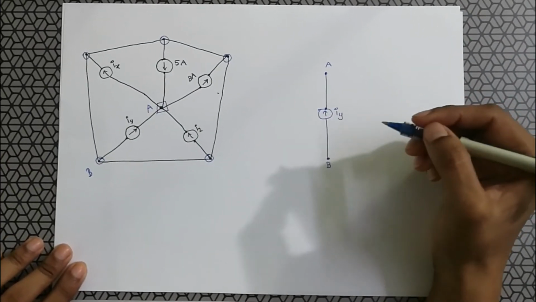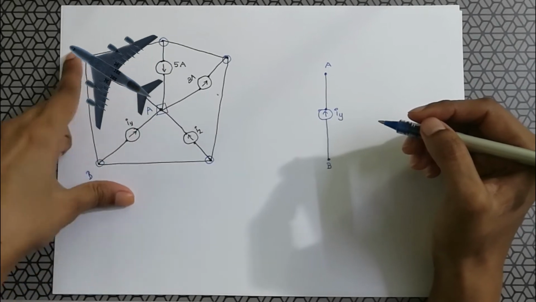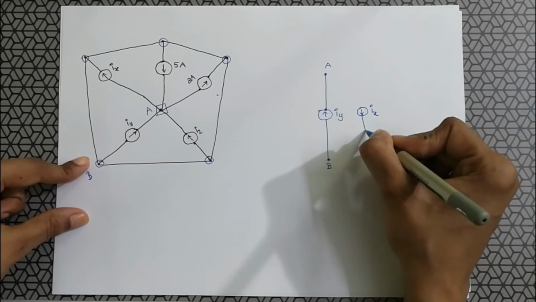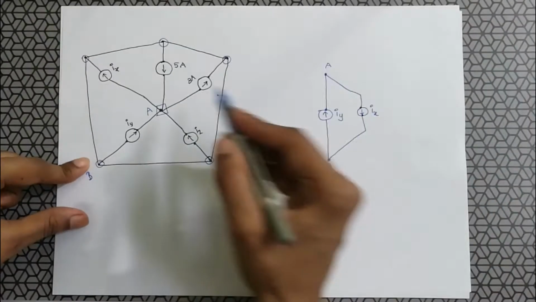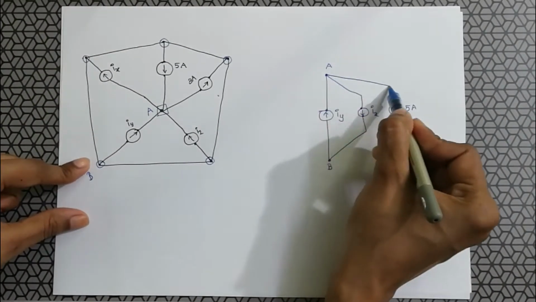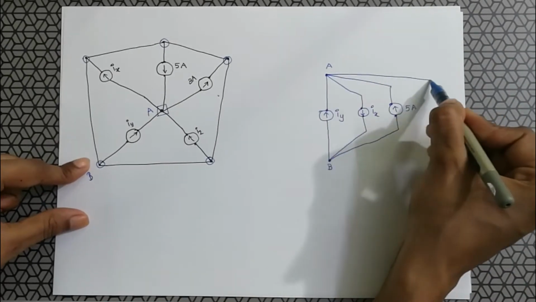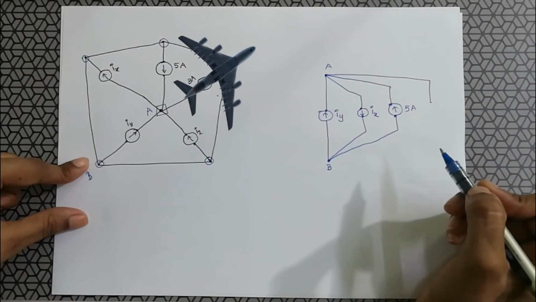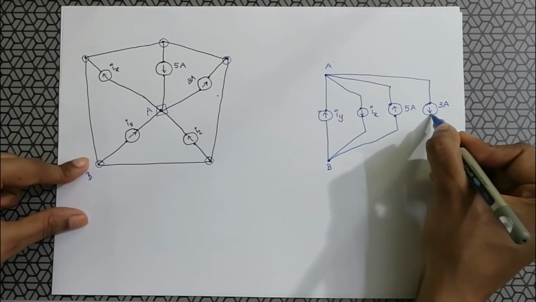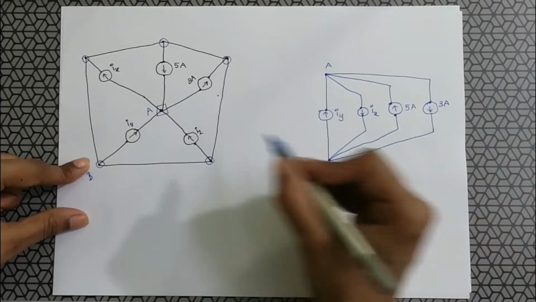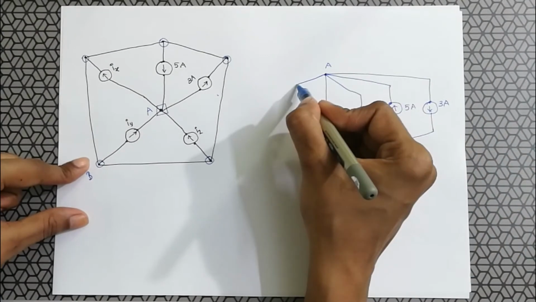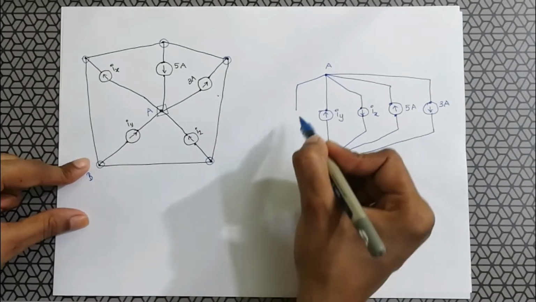Ix travels from A to this node which is the same as B. Ix is traveling into B. Similarly, 5 ampere is traveling into A. Three ampere is traveling into B. Therefore, this is 3 ampere which is going right into B. Next we have Iz. I am drawing Iz on the left because I don't have space on the right. Iz is traveling into A.